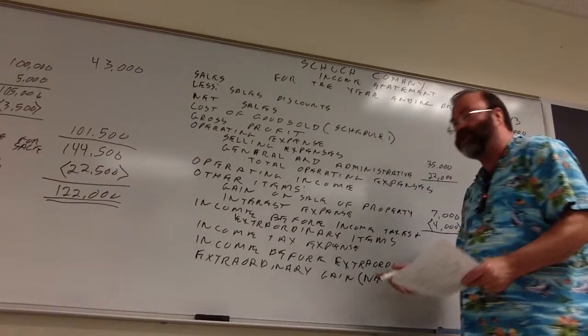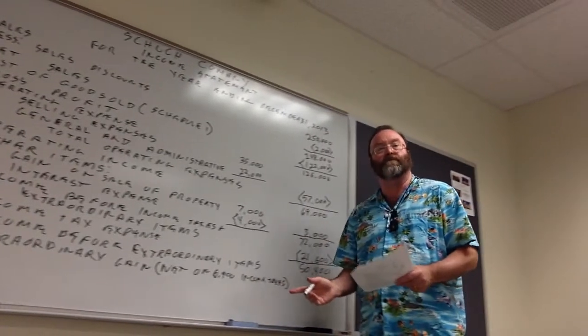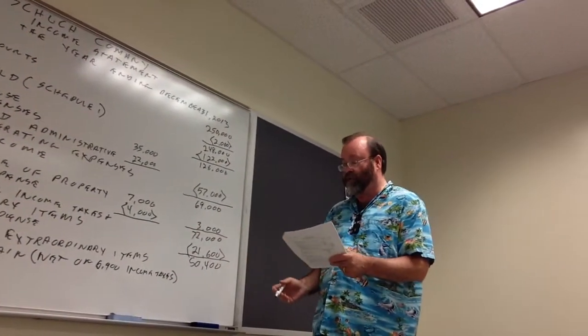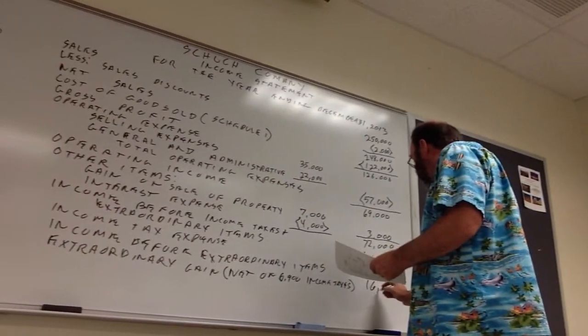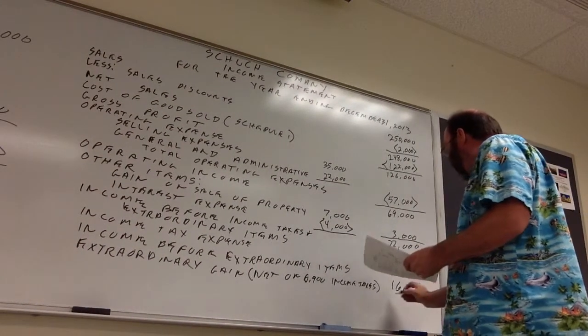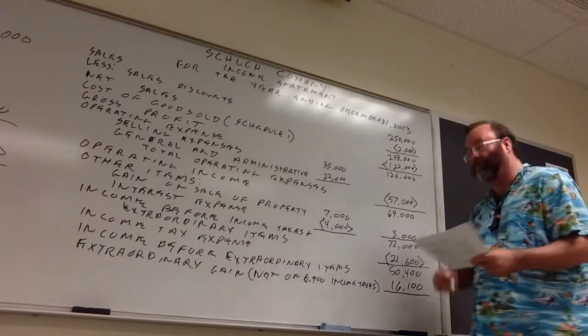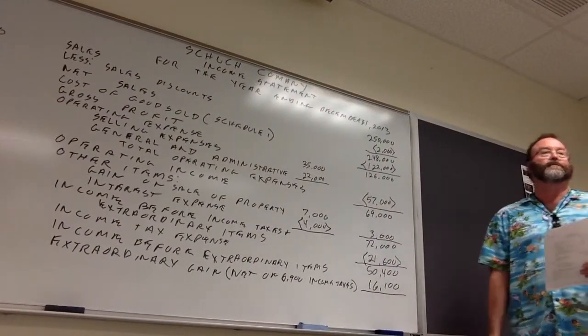And that's 30% of $23,000. 30% of $23,000 is $6,900, which leaves us $16,100 as the extraordinary gain net of taxes.